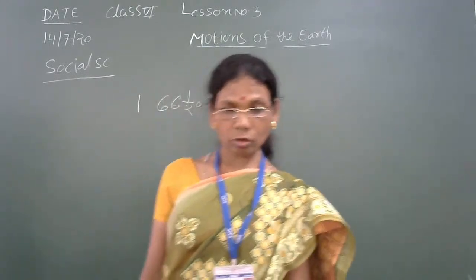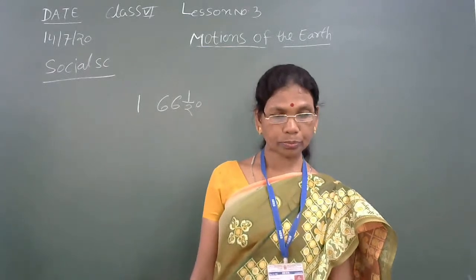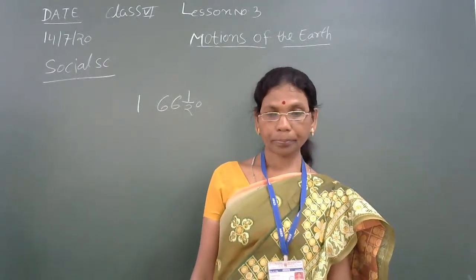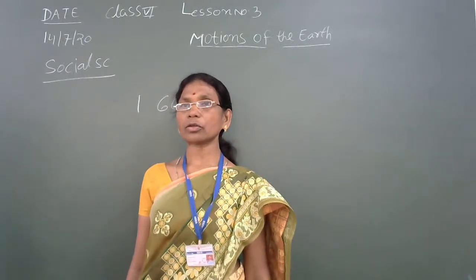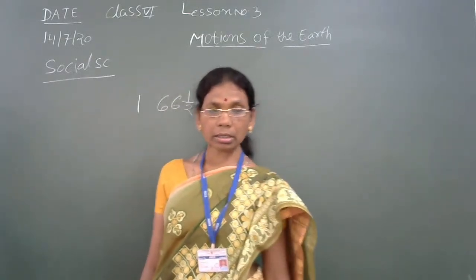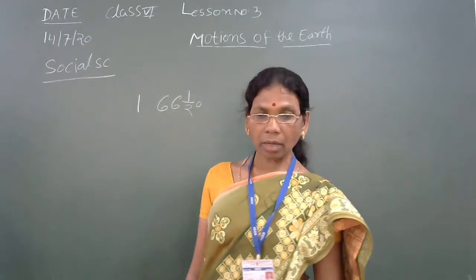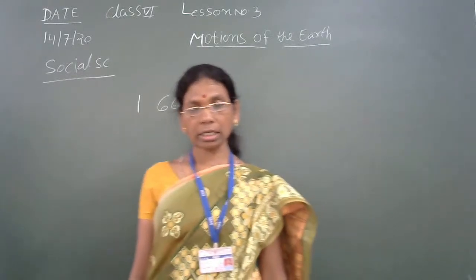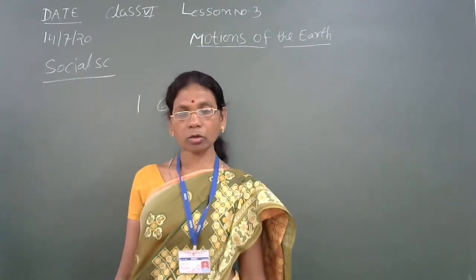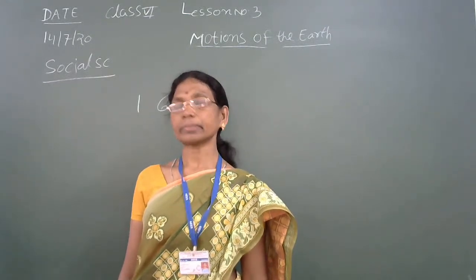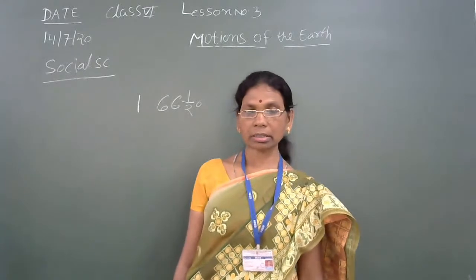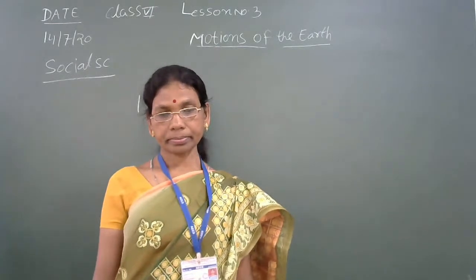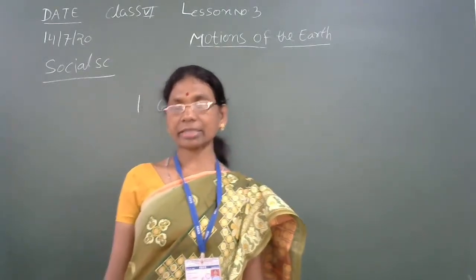Come to the next, question number 2. Tick the correct answer. Now you can see in your book. The movement of the earth around the sun is known as: rotation, revolution, or indication.